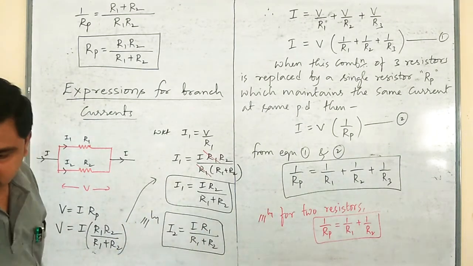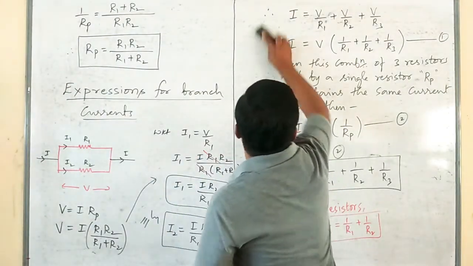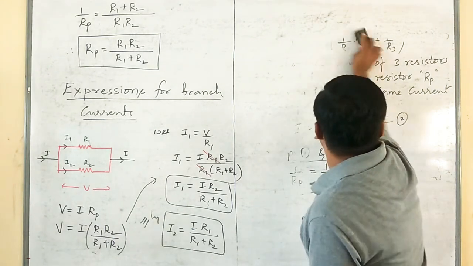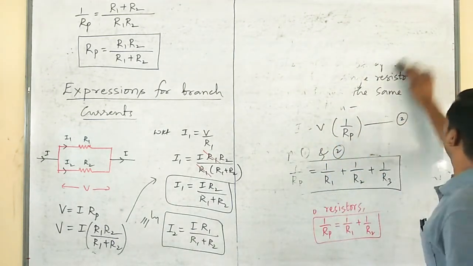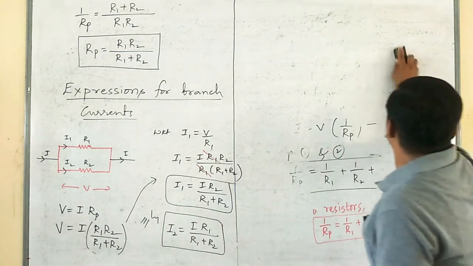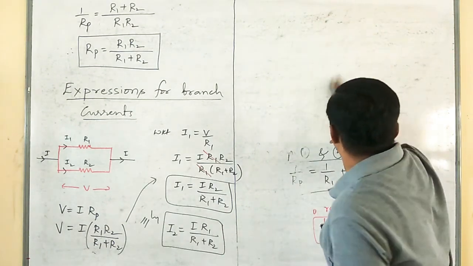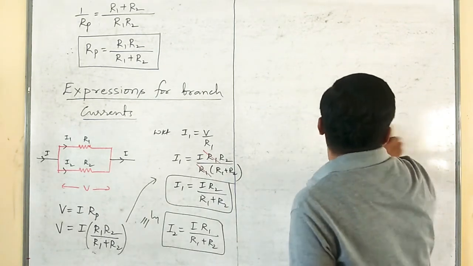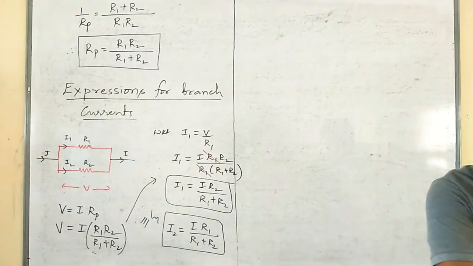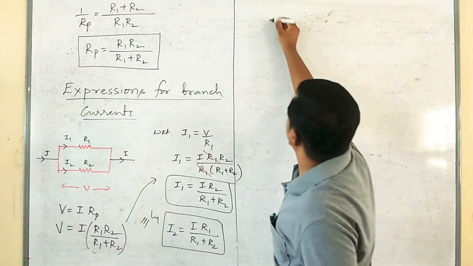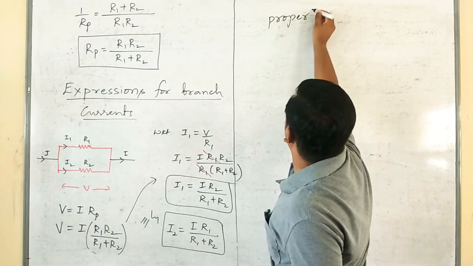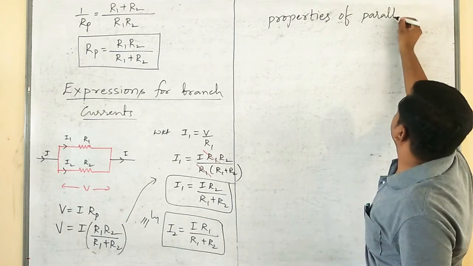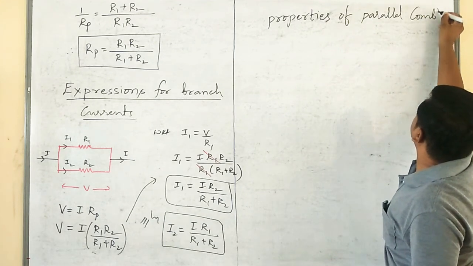Okay. Next, let's go for the salient features or properties of parallel combination.